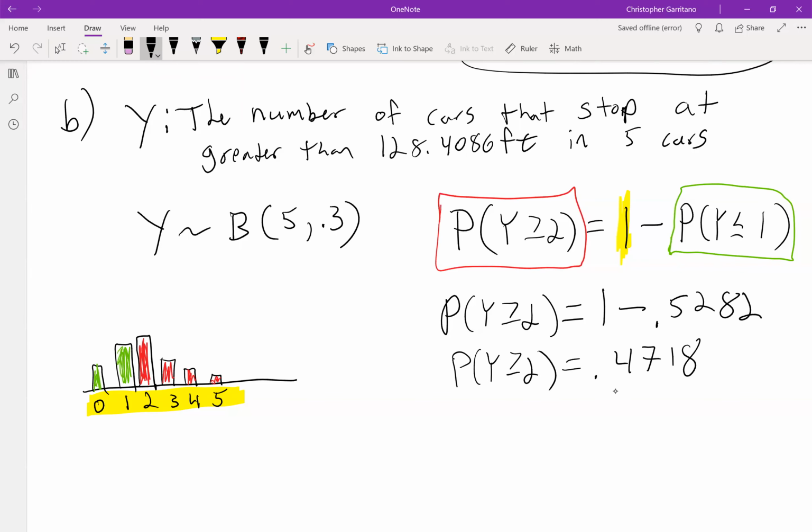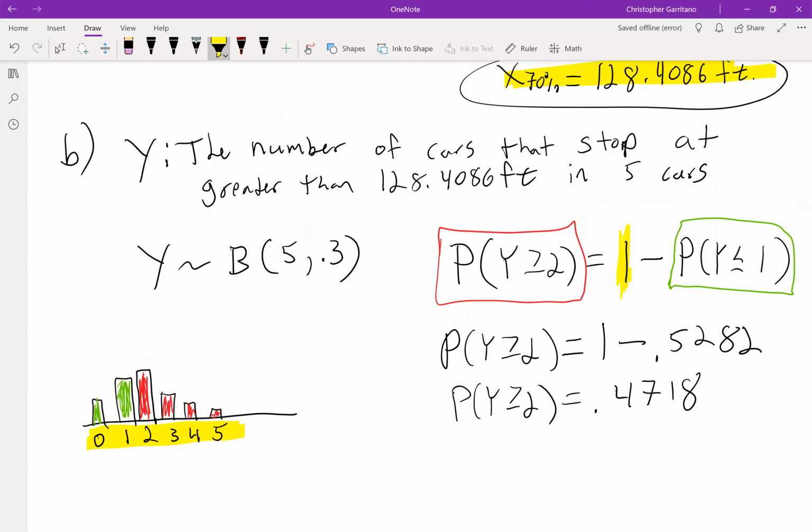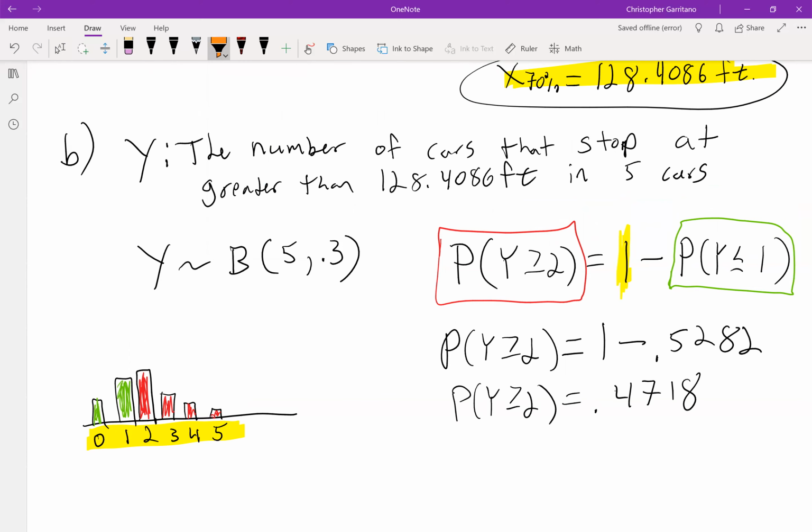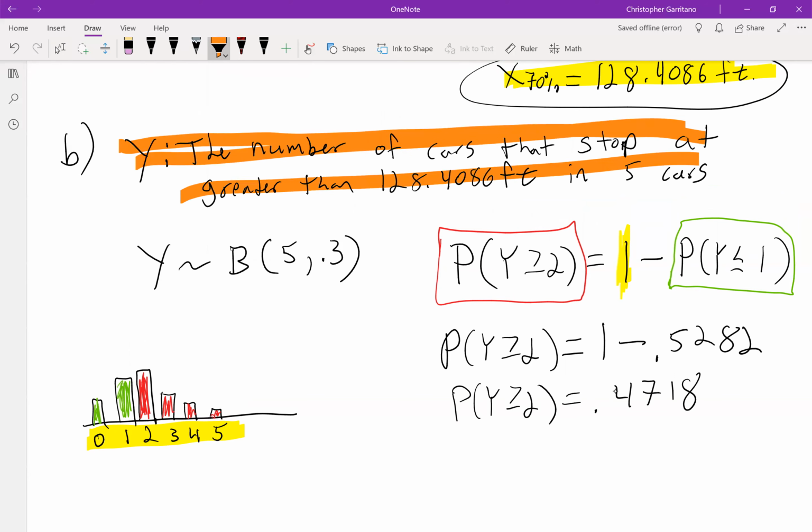Now, again, I wrote a lot more than is required, so I'm going to highlight what I want to see in your work and what the AP will want to see in your work. I'm going to highlight in orange since I already have some yellow highlighter going on. You're definitely going to want to define your random variable and do it appropriately.